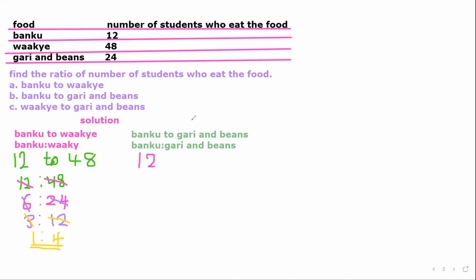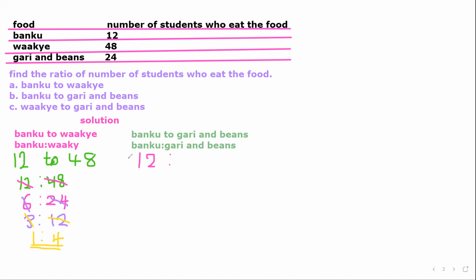You can also do this survey to determine the food that you're supposed to cook around the school premises, okay? You do a survey asking the students, therefore you draw your conclusion, okay?